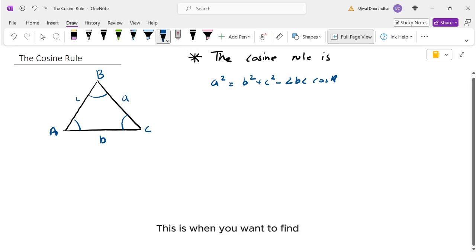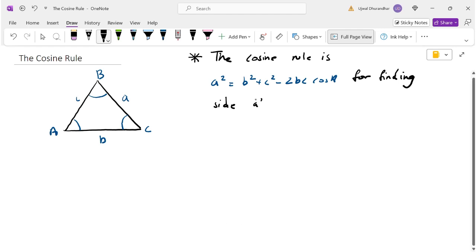This is when you want to find side A. So what we will be given is side B and side C. So this side would be given, side B will be given, and side C will be given.